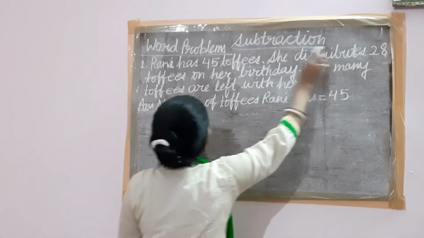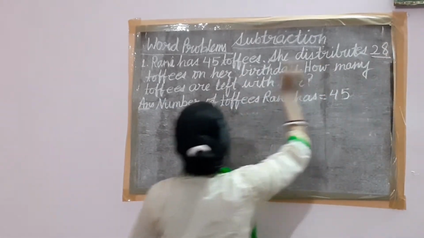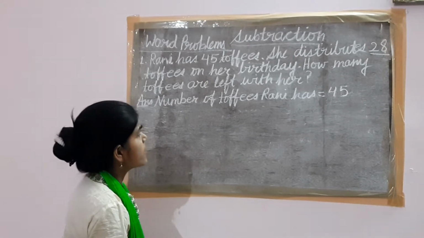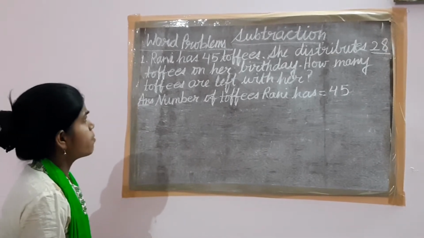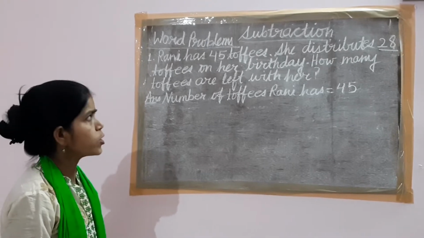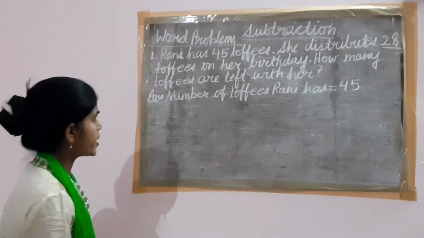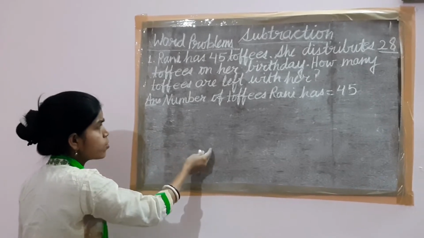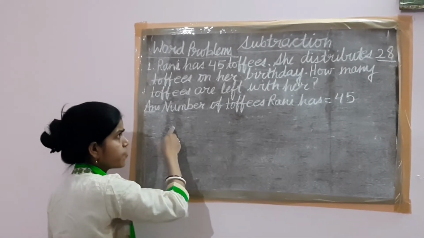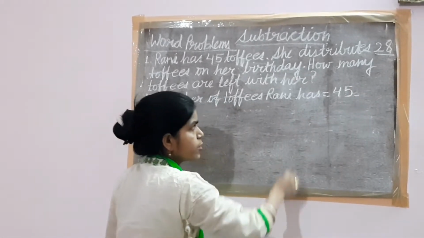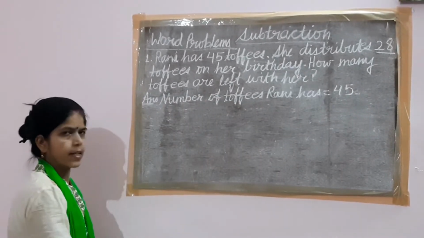She distributes 28 toffees on her birthday. What is she doing? On her birthday she is distributing toffees, giving her friends 28 toffees. So now the second information also I will write in the statement form, but children, you will not write after this; you have to write in the second line.